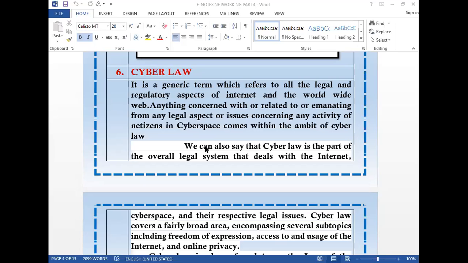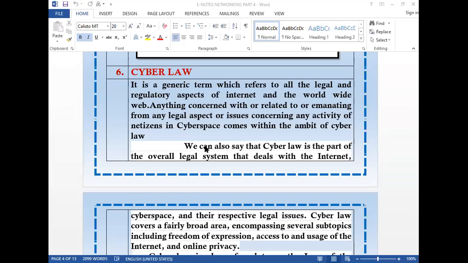Anything concerned with or related to or emanating from any legal aspect. Beta, the meaning of the word emanating is origin, originating from, coming from the source, right? Or issues concerning any activity of netizens.